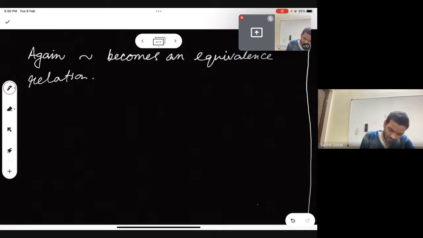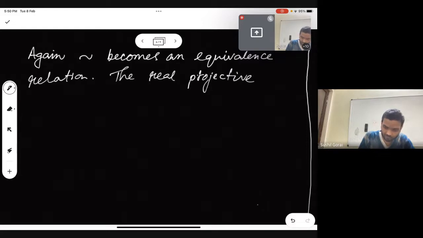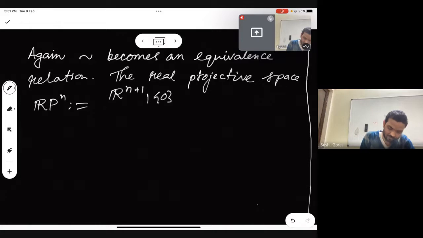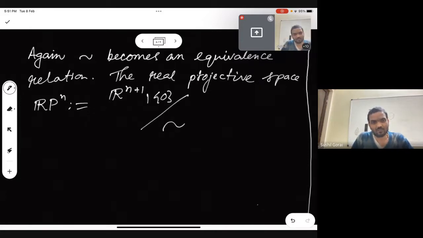And RPn, the real projective space, is defined by R^(n+1) minus 0 quotiented by this.